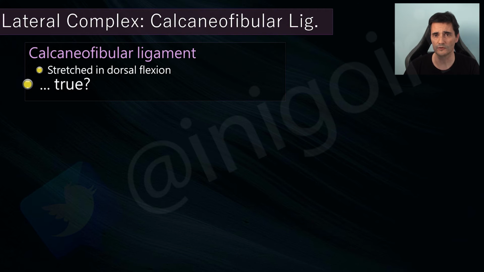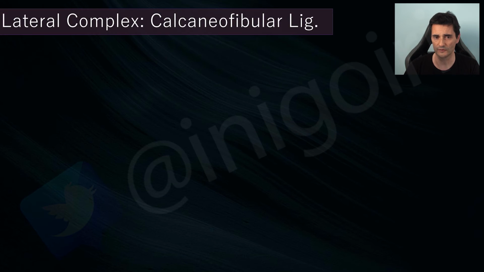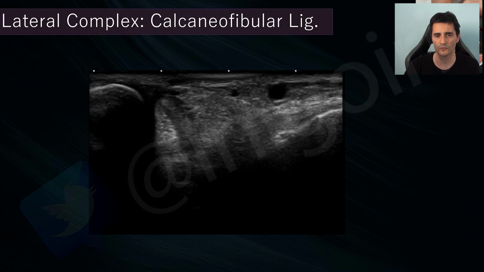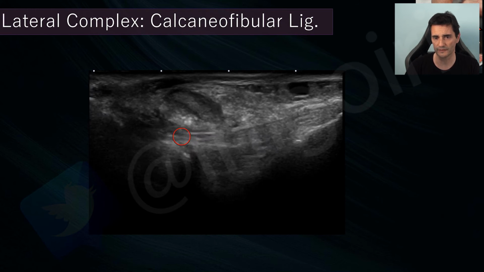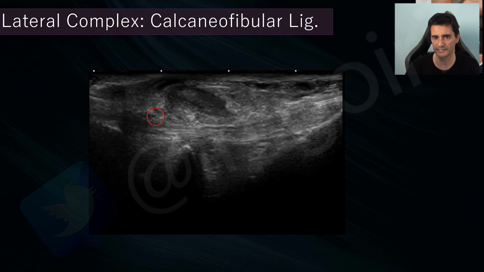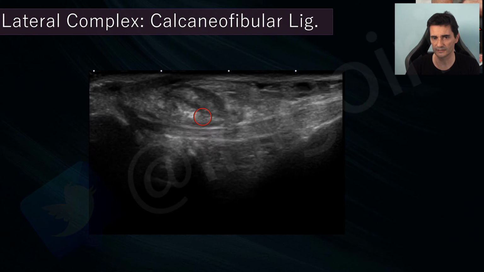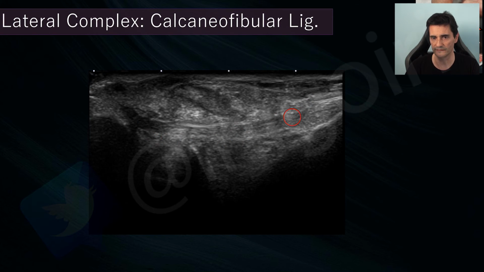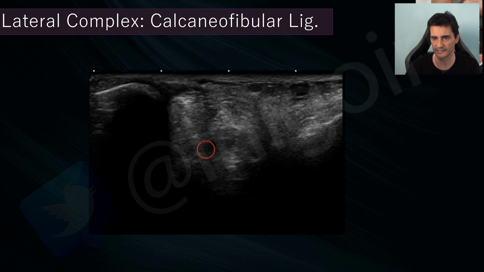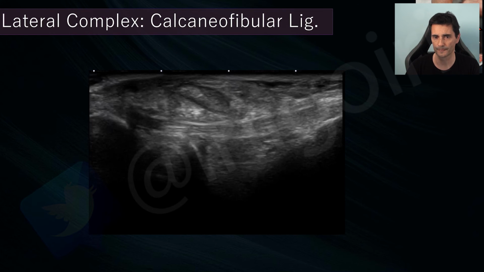Okay? Now we are going to see some examples of the affection of this ligament. First of all, a normal ligament with this fibular pattern in the dynamic maneuver of dorsiflexion of the ankle. These are the peroneal tendons, this is the calcaneofibular ligament, this is the fibula, and this is the calcaneus. Okay?